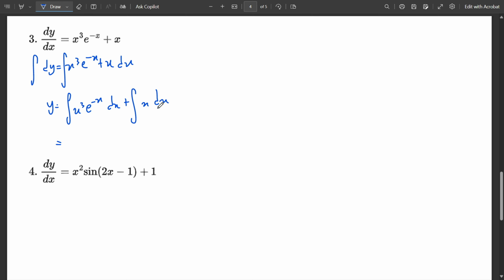We have u equals x cubed and dv equals e to the negative x dx, and we integrate this to get v equals negative e to the negative x.